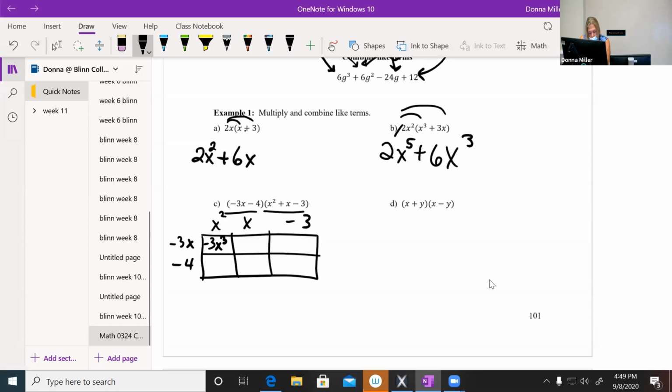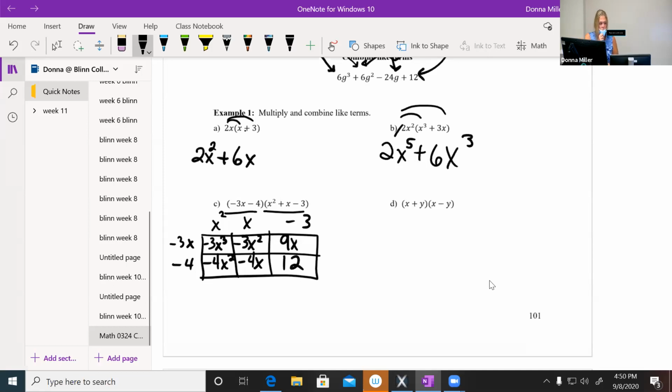And x times negative 3x is negative 3x squared. And negative 3 times negative 3x would be positive 9x. Now the second row: negative 4 times x squared is negative 4x squared. Negative 4 times x is negative 4x. And negative 4 times negative 3 is positive 12.